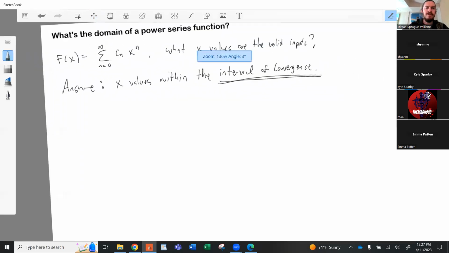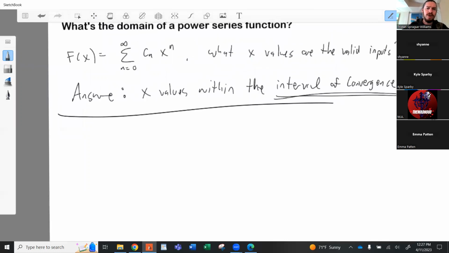The technique for determining this comes down to the ratio test, probably the most useful tool for determining this interval of convergence.